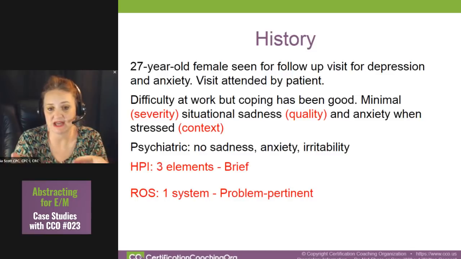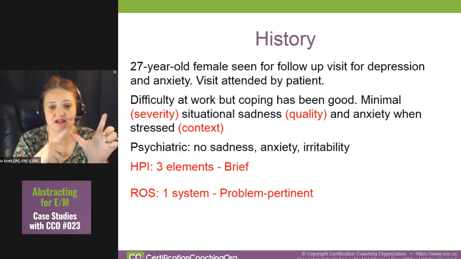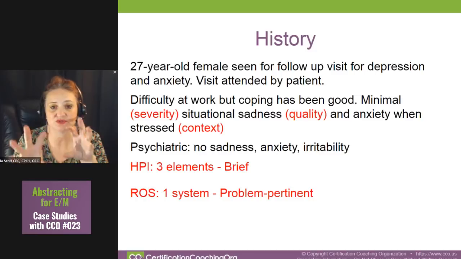Could they be stressed at home? Yes, but they're giving us context that when the patient is stressed, they get some anxiety, and they're saying they have a little bit of difficulty at work. So we have minimal, situational sadness, and anxiety when stressed. That gives us severity, quality, and context, 3 elements, and that's brief. So that's how we're abstracting those elements.